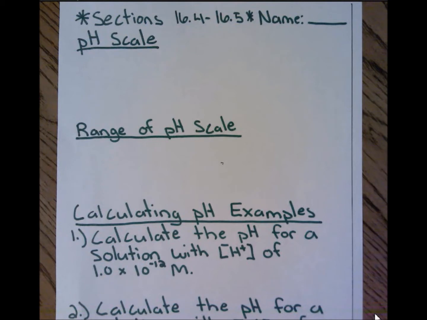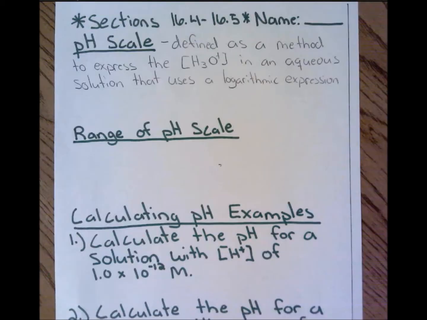So we start out here with the pH scale. The pH scale is defined as a method to express the H3O plus concentration, which we're going to call hydronium, in an aqueous solution that uses a logarithmic expression. So let me pause and write that down. All right, so there is that definition right there.